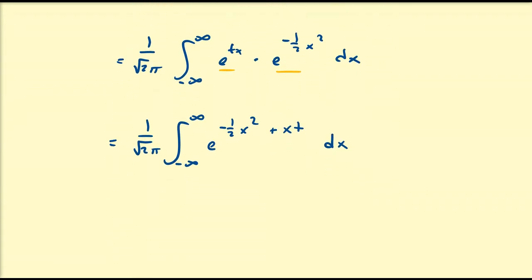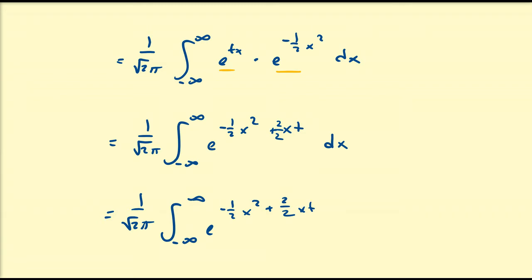This is a quadratic expression, so I can complete the square, but we have this minus 1/2 term, so I can write the xt term as 2/2 xt. Also, I can add and subtract a term so I can complete the square on that quadratic. So I have negative 1/2 x squared plus 2/2 xt, and then I'm going to subtract 1/2 t squared and add 1/2 t squared to this term.